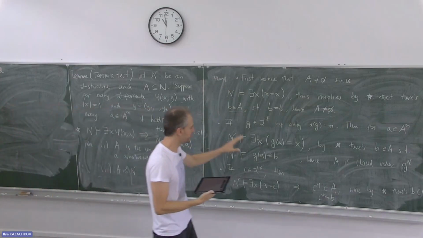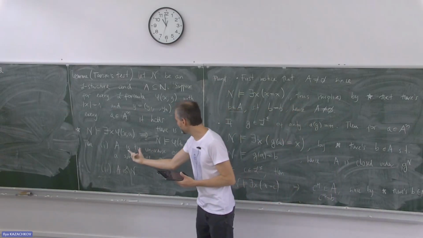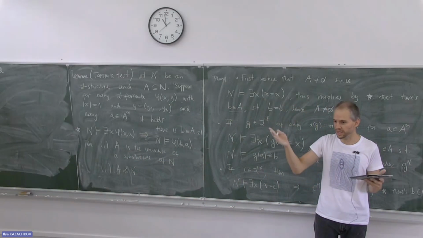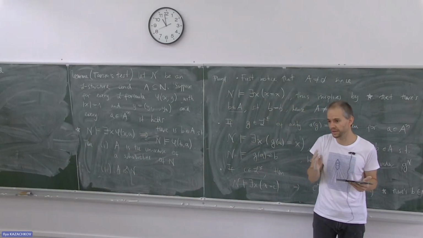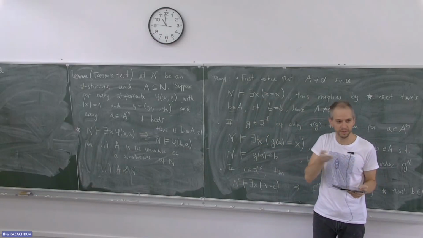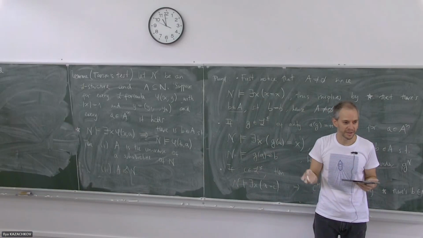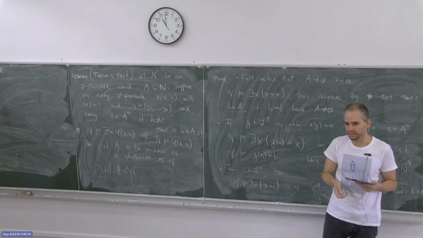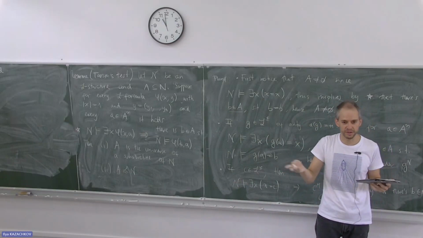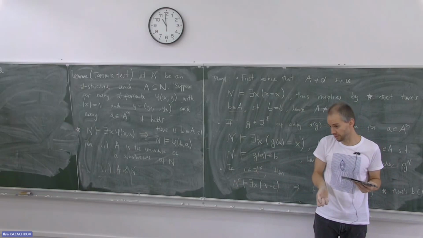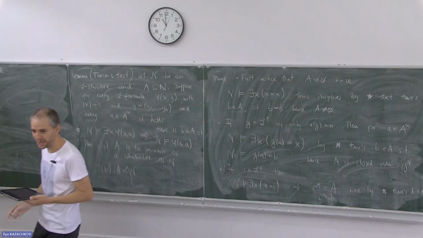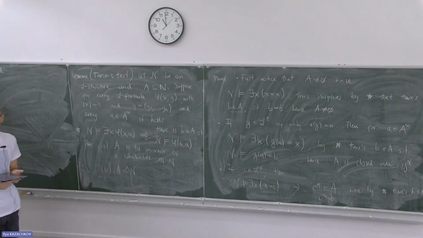If I want it to be a substructure, I'm obliged to interpret the relations as just the relation intersected with the right Cartesian power of A. With this definition, of course, I'm going to have an if and only if, because this is the way I define the relations on A. This is the obvious interpretation of the relations such that I'm going to have a substructure. So in this case I just put them like this, and I have no chance to fail.